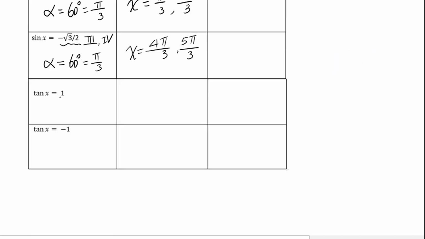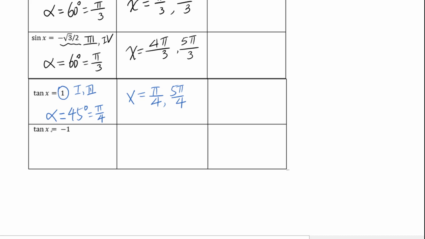For tangent x equals 1, the reference angle equals 45 degrees equals pi over 4. This is positive, so go to first and then the third quadrant. You will get x equals pi over 4 and 5 pi over 4.